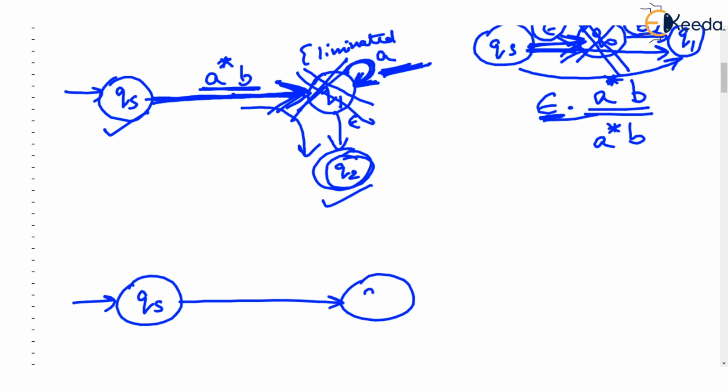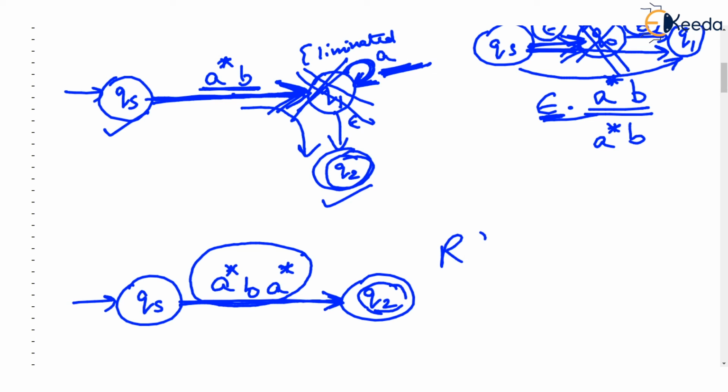What is the regular expression? A star B was there already, followed by A star. Now you have a single path from QS to Q2, and this is the regular expression required. So the given FA results in the regular expression A star B A star.